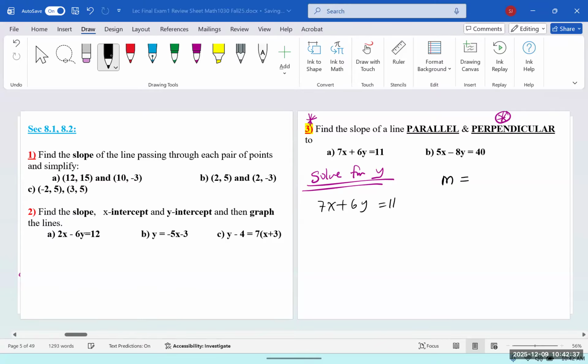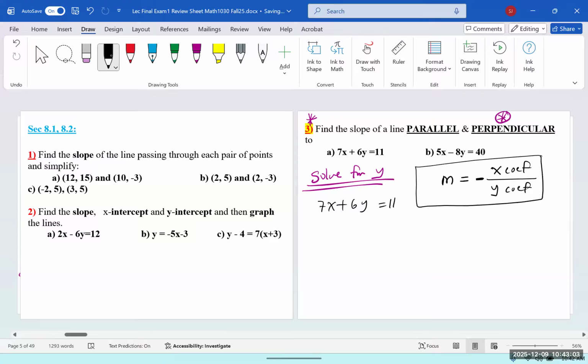The slope is actually negative x coefficient over y coefficient. If you can remember this, your life is easy.